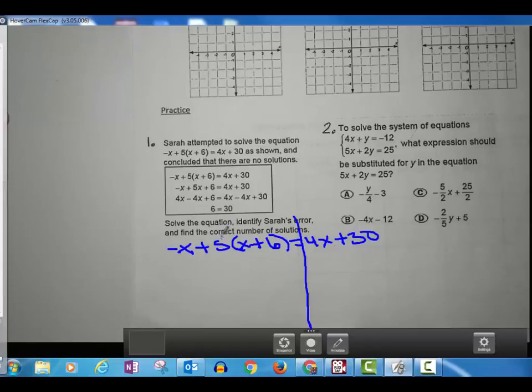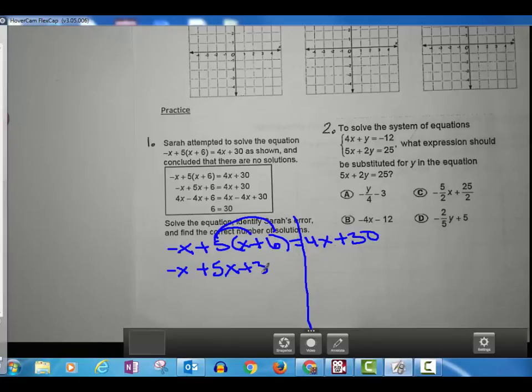In order to do that, I've got to distribute. I bring my negative x down, and then 5 times x is positive 5x, so plus 5x, and that's what she did too, so so far we agree. But then, to get rid of the parentheses, we've got to distribute through the whole thing, and 5 times 6 is 30.